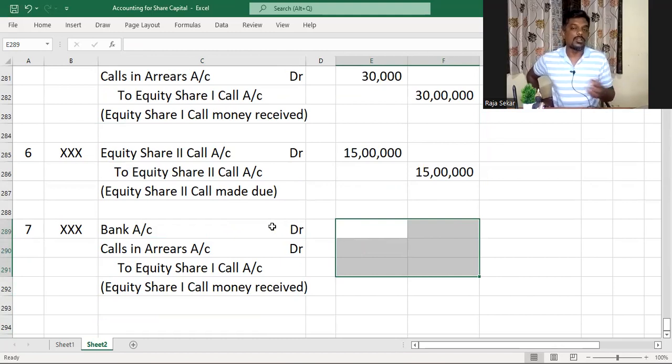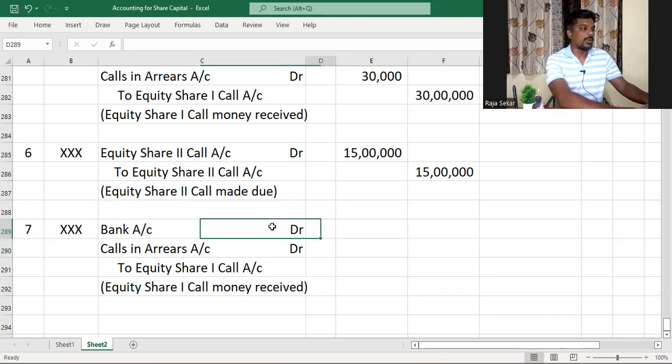Am I right or not, my dear children? So if someone has defaulted first call, unless the question specifically provides that they later on paid, you're supposed to assume that they did not pay and they did not pay the further calls also. So if the question says that Harini did not pay first call, it automatically implies that Harini did not pay any of the calls after that, unless the question tells otherwise. Understood or not, my dear children?